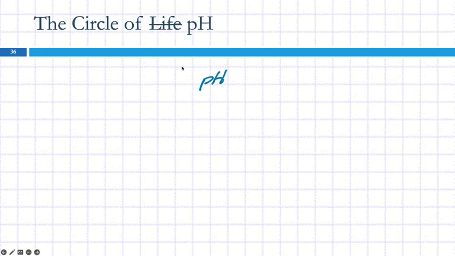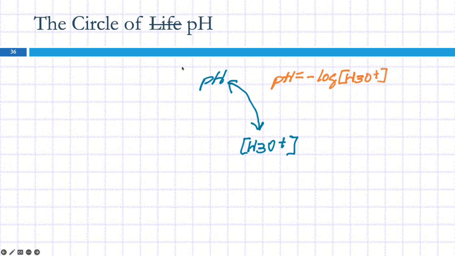So pH is related to hydronium ion concentration. So I can convert back and forth between pH and hydronium ion concentration. Because we know that pH is equal to the negative log of the hydronium ion concentration. And if we want to go the other way, the hydronium ion concentration is equal to 10 to the negative pH.